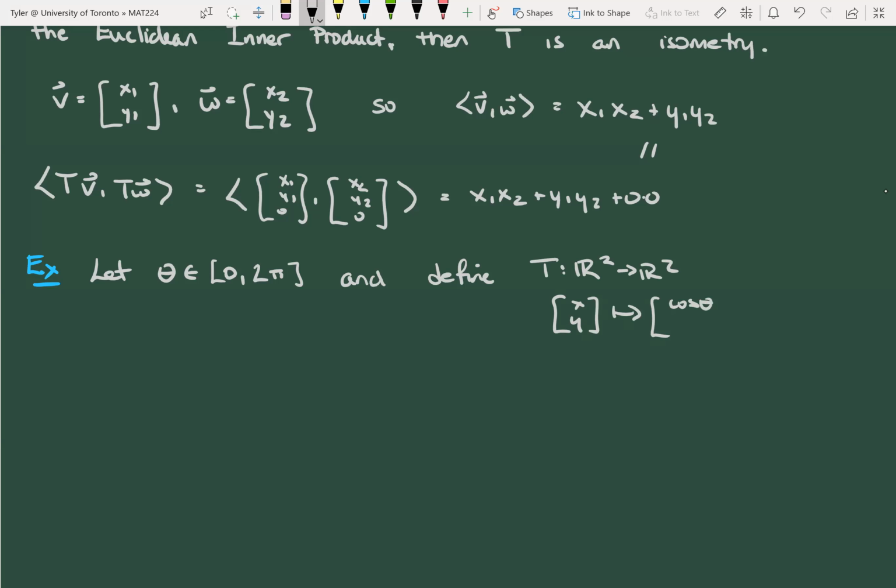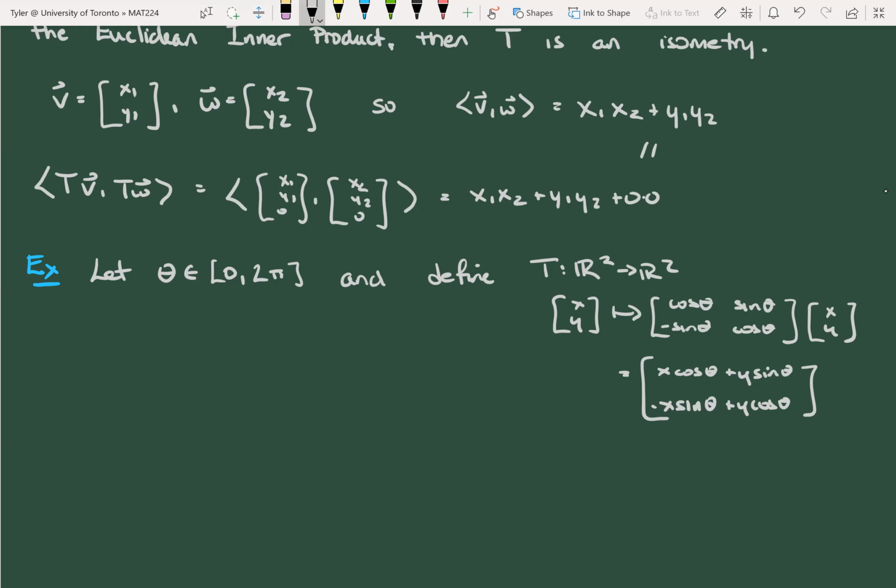And I think we've seen this before. Right. And we can just work that out explicitly if we want. x cosine theta plus y sine theta, negative x sine theta plus y cosine theta, like so.